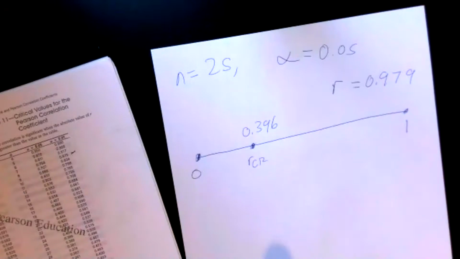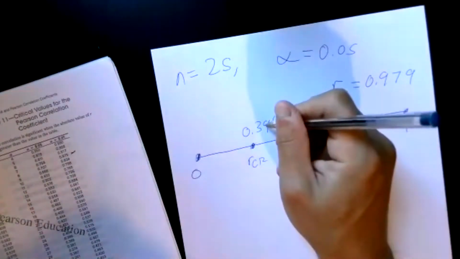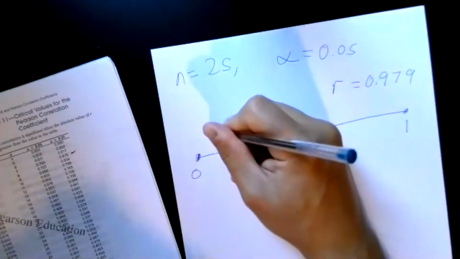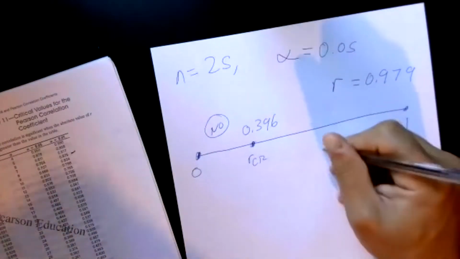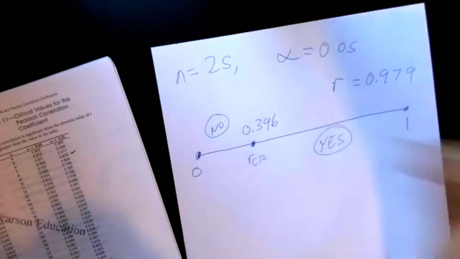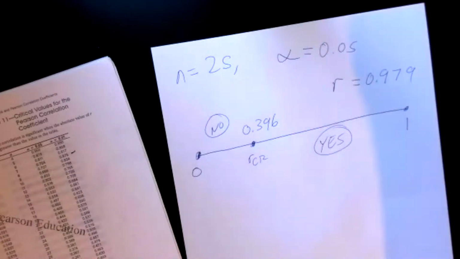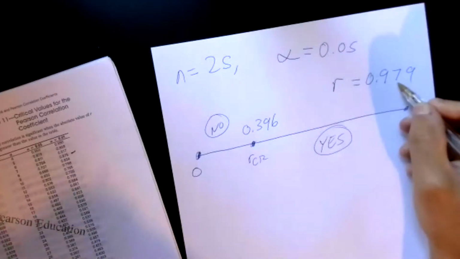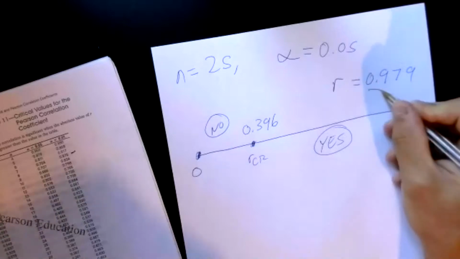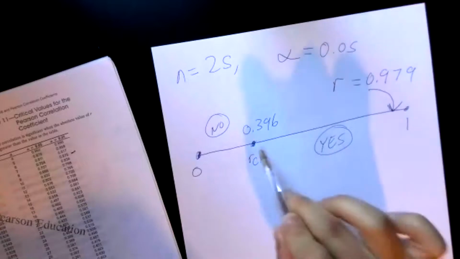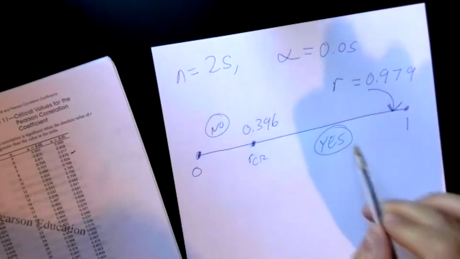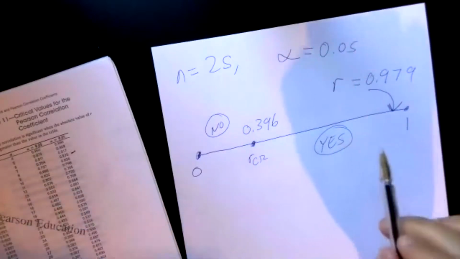If it's smaller than that, no, it's not significant correlation. If it's greater than that, yes, there is. Now, the R value that we have, 0.979, is pretty high. That's pretty close here to 1, which is greater than the critical value, which means, yes, there is significant linear correlation here.